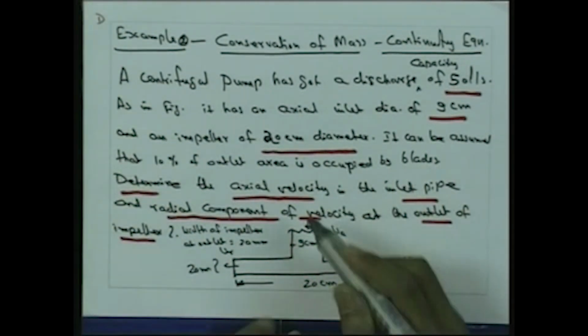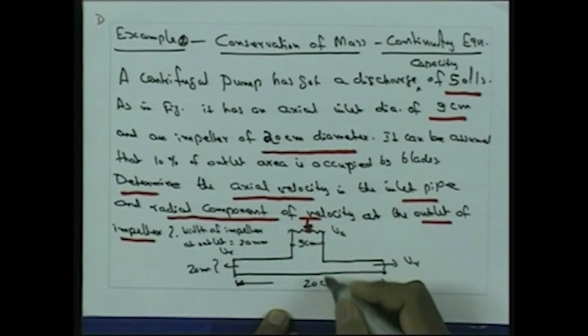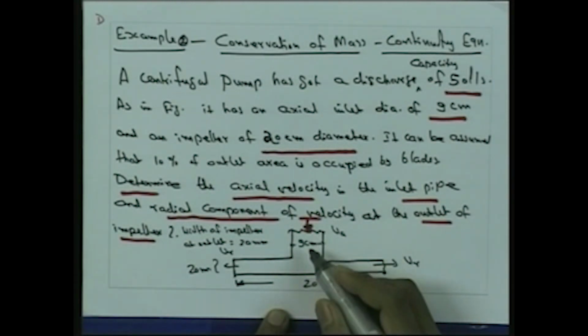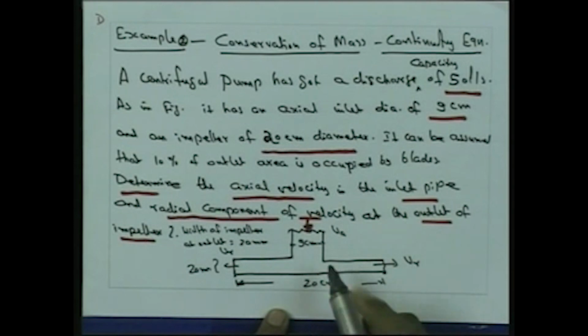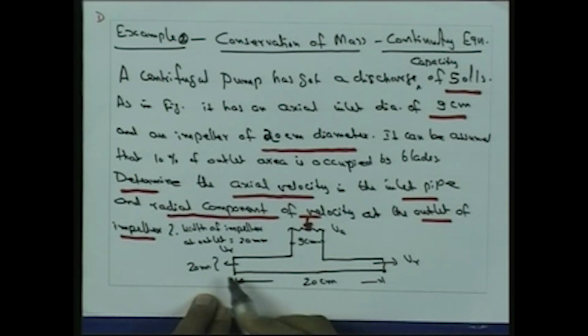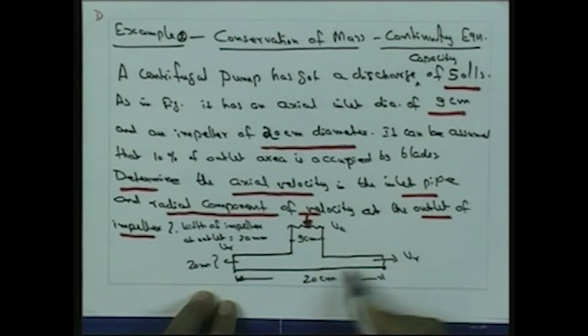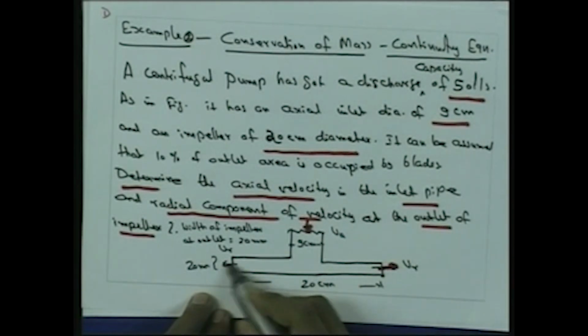Here the flow takes place into the centrifugal pump in this direction, and the diameter of the axial inlet is given as 9 centimeter. In the outlet area, blades will be there with respect to the centrifugal pump. Once it enters here, it goes through this direction and this direction.